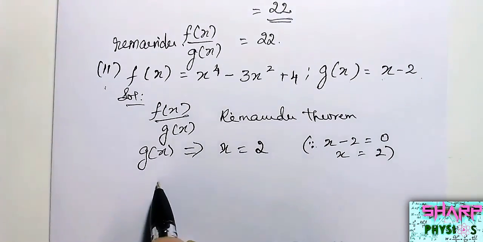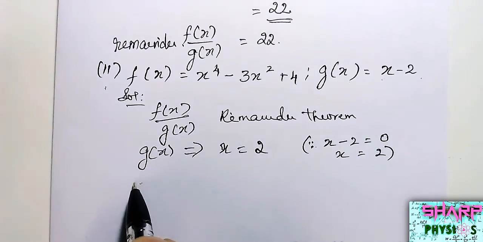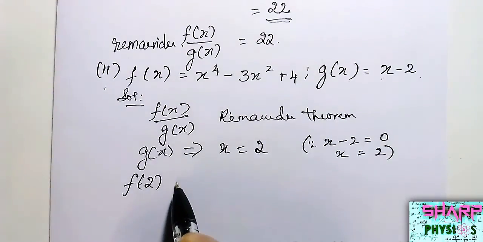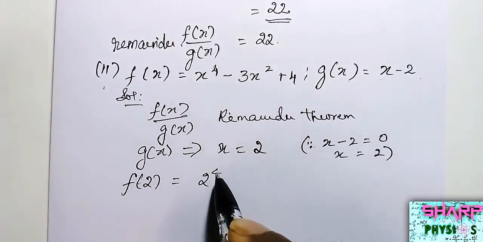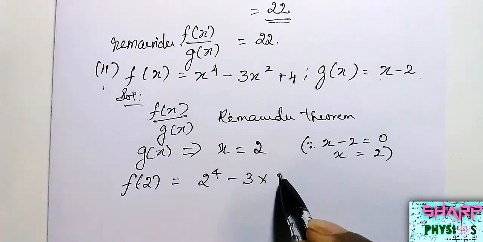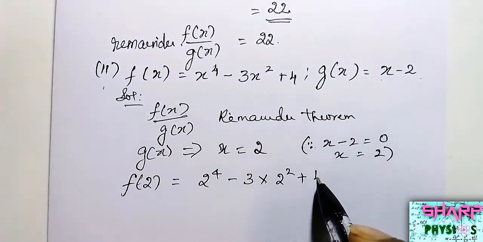Now we are going to divide this one. So substituting the value of x is equal to 2 in f of x, you get f of 2 is equal to 2 to the power 4 minus 3 into 2 to the power 2 plus 4.